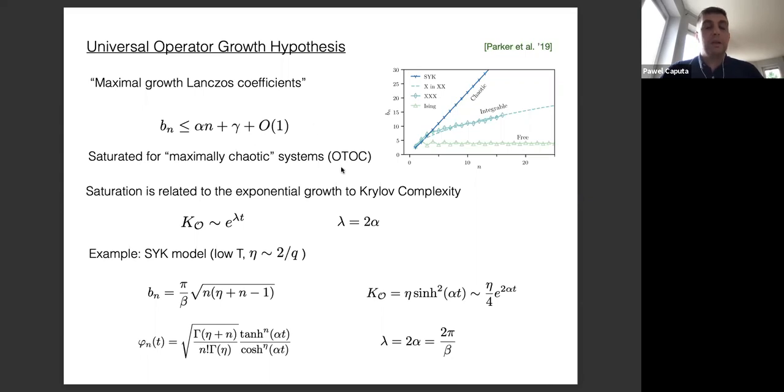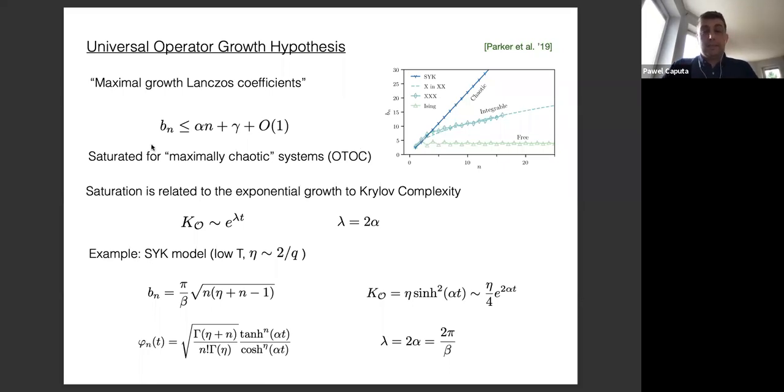These are basically 4-point correlators of certain operators, and from these correlators we can extract a certain Lyapunov exponent, and by this Lyapunov exponent we can tell if the theory is integrable or chaotic. In maximally chaotic theories, this Lyapunov exponent is given by 2 pi over beta, basically proportional to the temperature of a particular model. So when they mean maximally chaotic here, it is the notion of maximal chaos characterized by these out-of-time-ordered correlators.